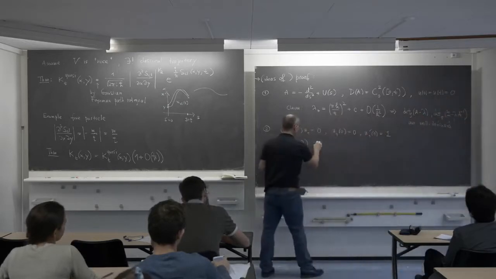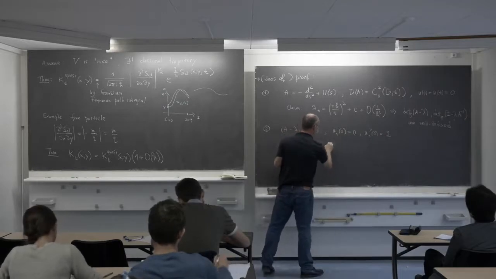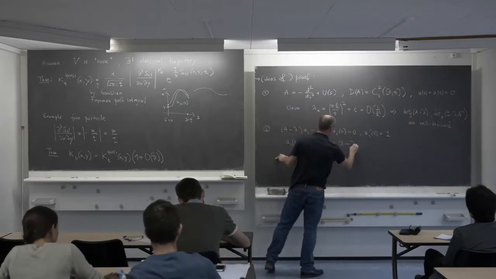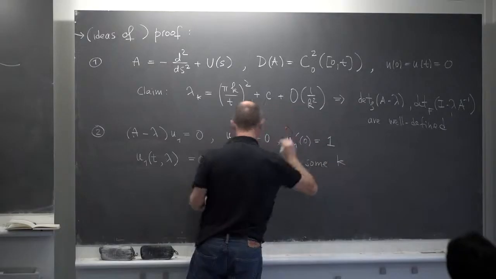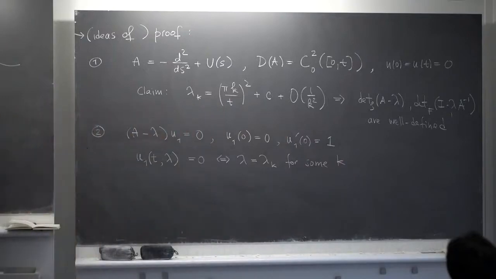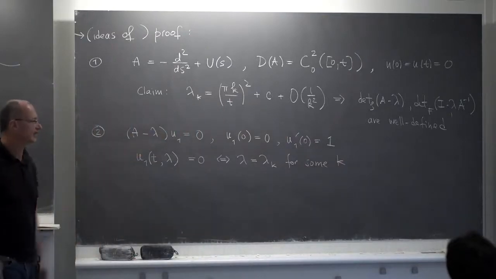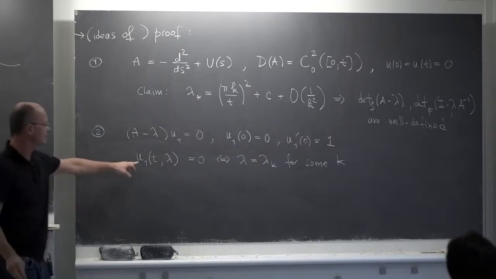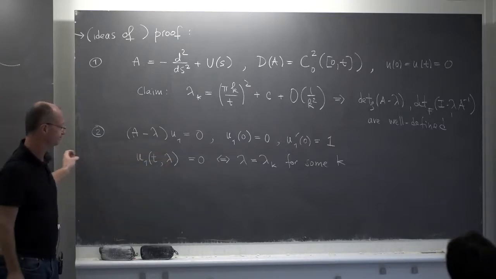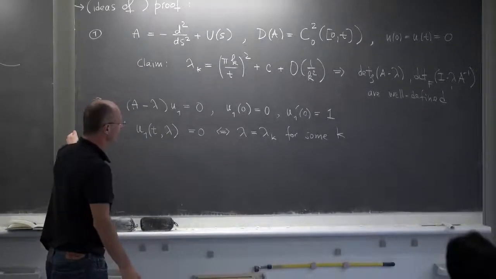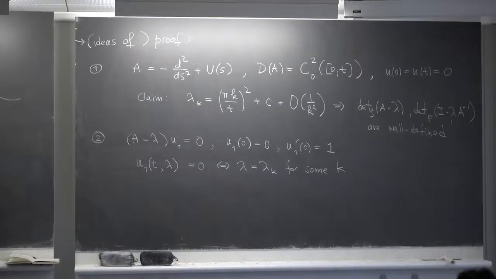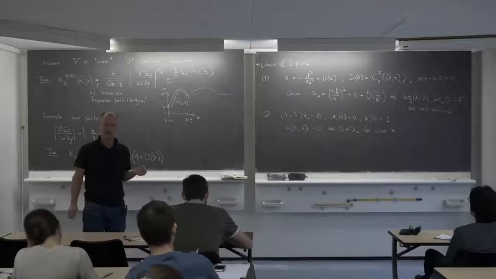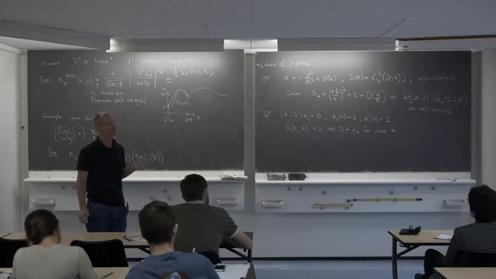So it is equal to 0 if and only if lambda is lambda k for some k, because that's exactly where u1 becomes an eigenfunction. Now, this is kind of suggestive. There is a function of lambda which vanishes exactly at the eigenvalues. Does it remind you of something? What could it be?